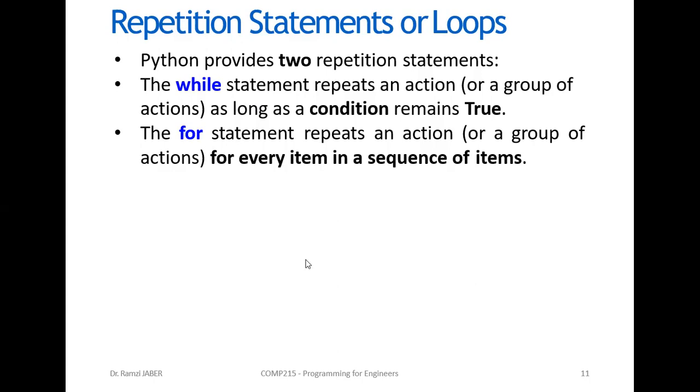But the for loop in Python is different than while and different than the for loop in C and Java. So this will be new in Python for you. The for loop statement repeats an action or a group of actions similar to while, but for every item in a sequence of items. We'll see that later when we explain the for loop. For now, you don't need to understand what it means.